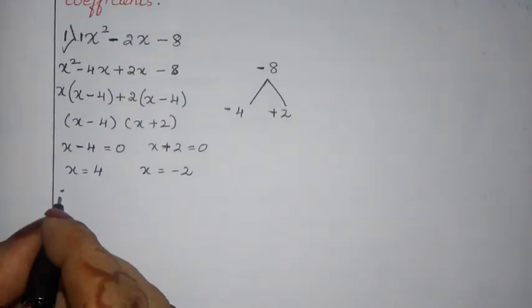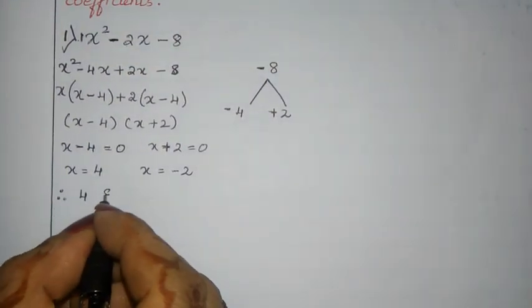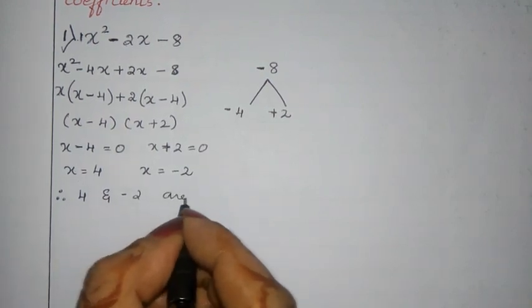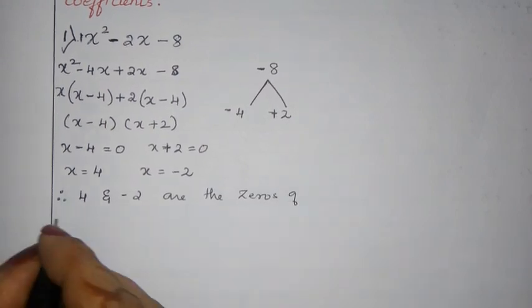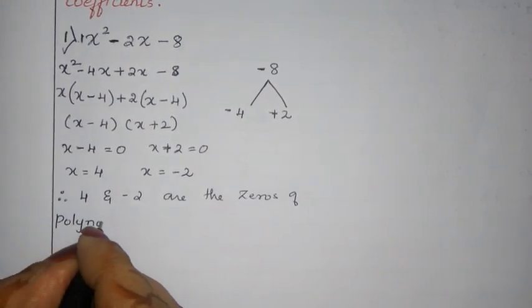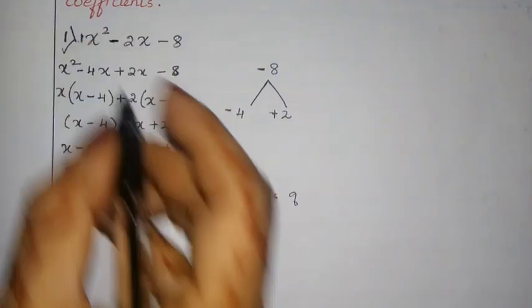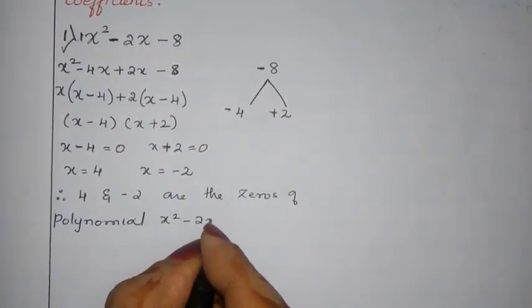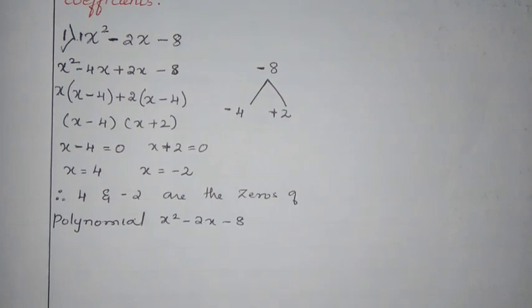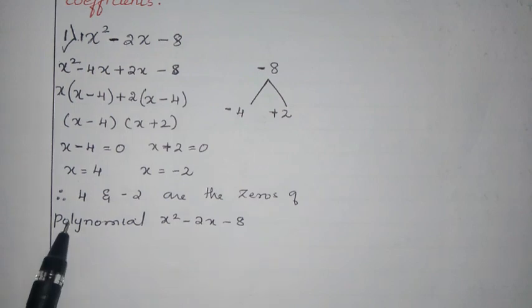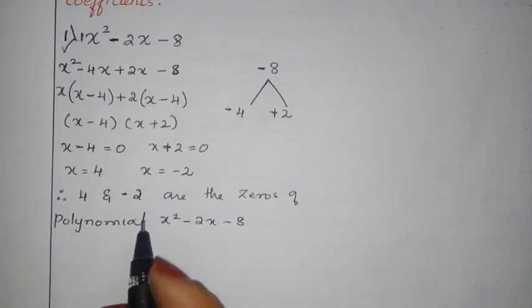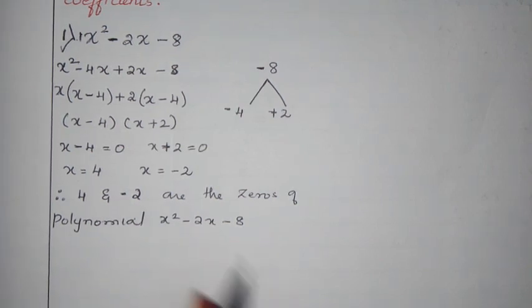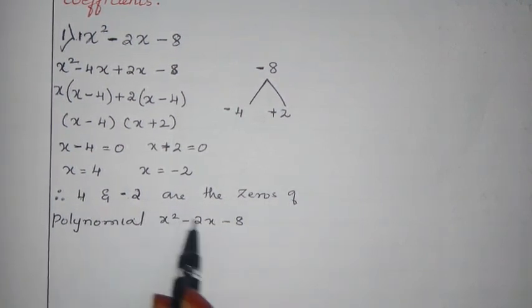Therefore 4 and minus 2 are the zeros of the polynomial, the given polynomial x square minus 2x minus 8. Okay, this is the solution. They asked: find the zeros of the polynomial. If they ask only that, then we have completed the answer. That is, 4 and minus 2 are the zeros of the polynomial.